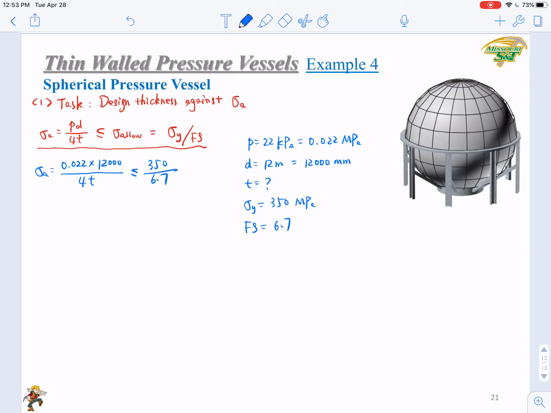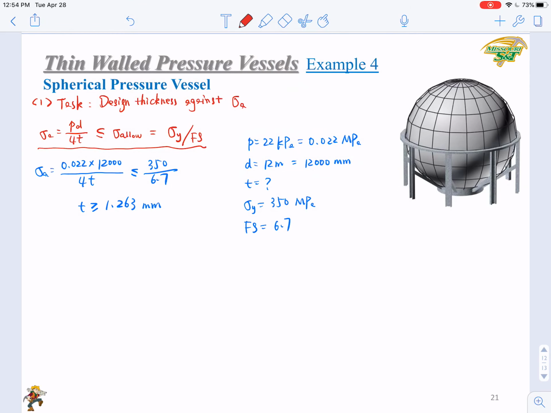Okay, you can solve it very easily and get that T should be not smaller than 1.263 millimeters. To make sure your tanker is safe, the thickness of the wall should be larger than 1.263 millimeters.